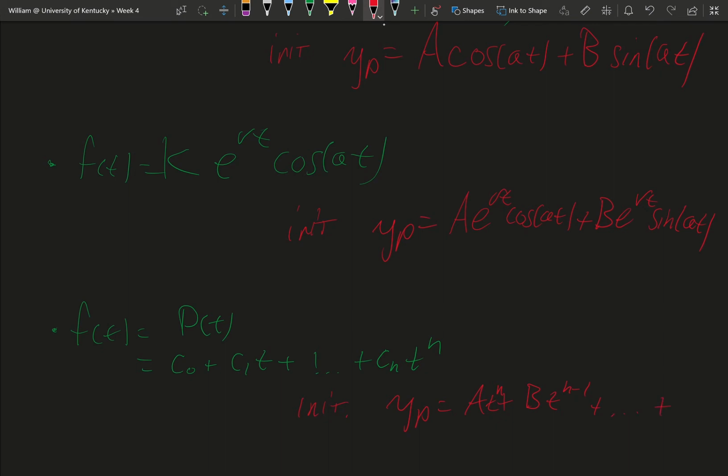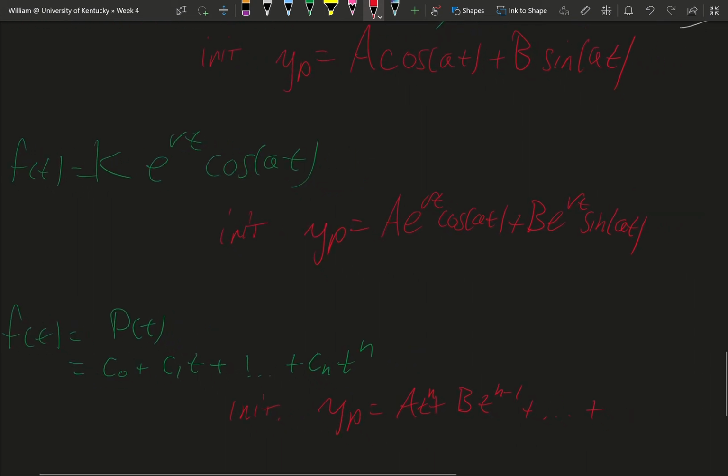Some coefficient a times t to the n. We're not probably going to give you anything more than like n being 3, but you do want to take it all the way down to the constant term.